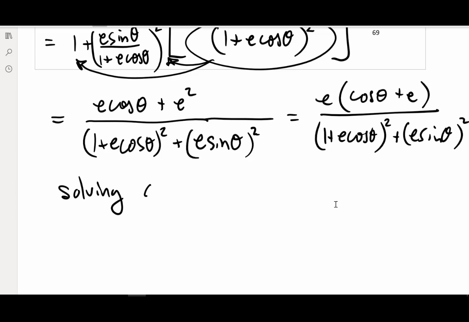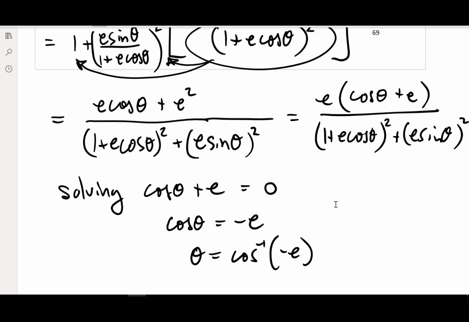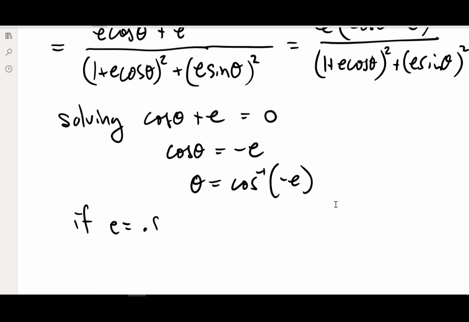And so we're trying to figure out when this derivative is 0, which would happen when the top is 0 and the bottom isn't. So let's set that factor there on top equal to 0. And this should start to look kind of familiar, right? We're going to look for when the cosine is minus E. So that is theta, when theta is the cosine inverse of minus the eccentricity, and that eccentricity is 0.885. So yeah, we've been here before.